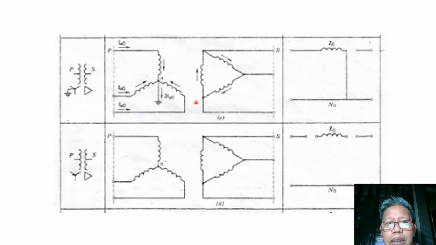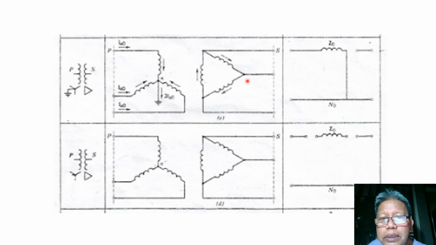Now, another connection is that we have primary Y and grounded, and the secondary is delta connected. Just as the other connections that we had previously, the zero sequence currents at the primary can flow towards the ground.